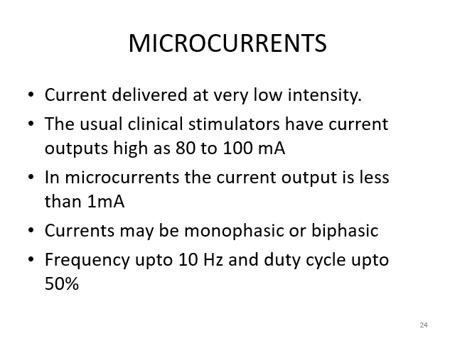In microcurrent, the current output is less than 1 milliampere. The pulses of current may be monophasic or biphasic. The frequency ranges up to 10 Hz and has a duty cycle of about 50%.